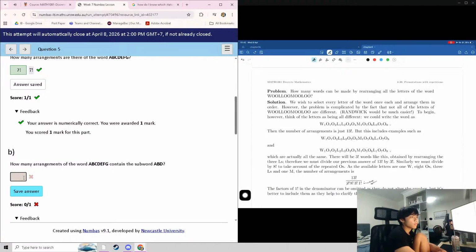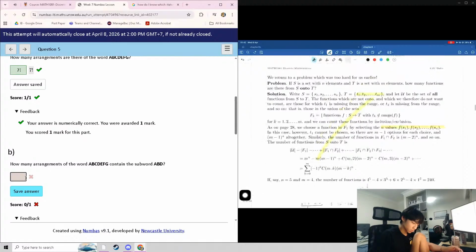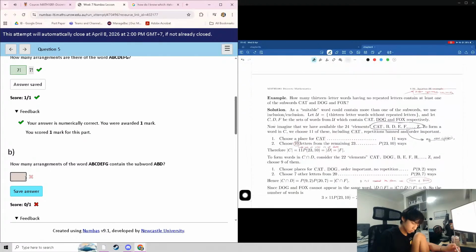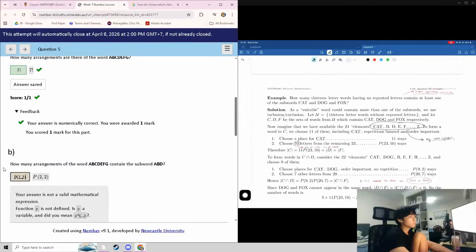So there's 5 places I can put it, and I have to put the other words around it. Does that work?